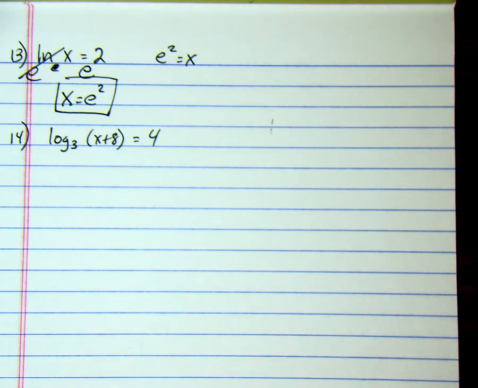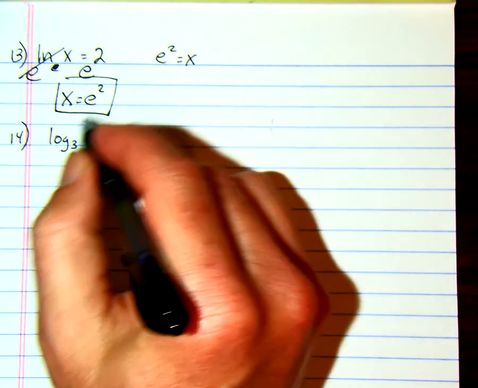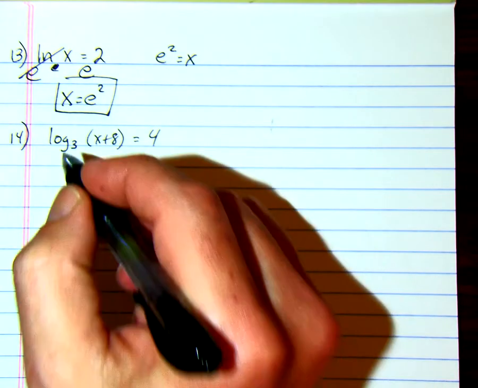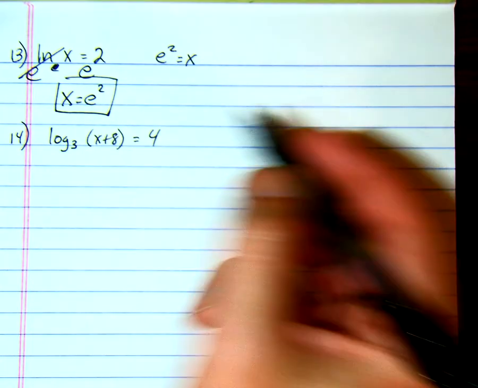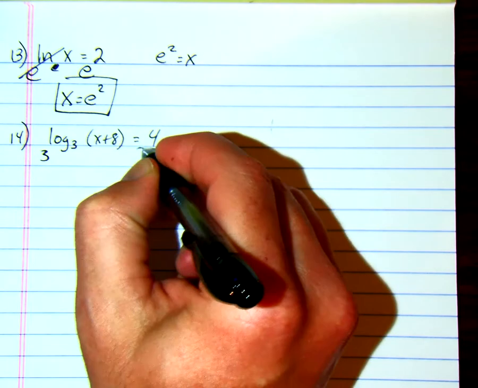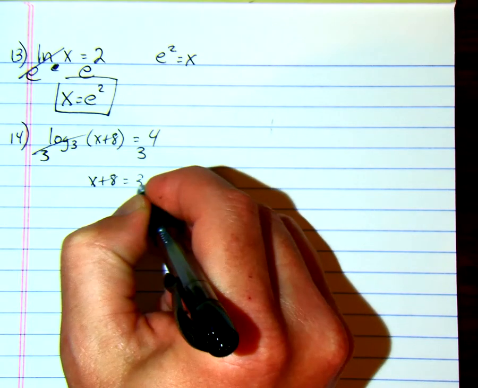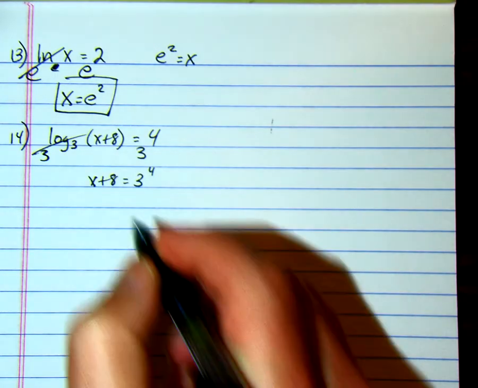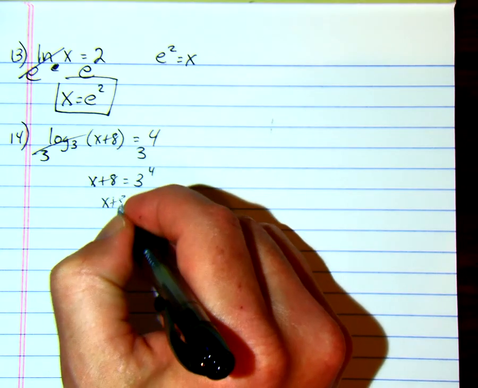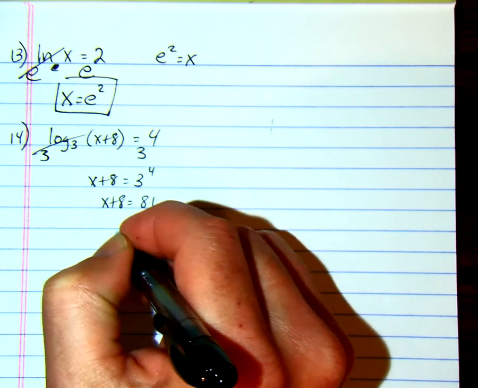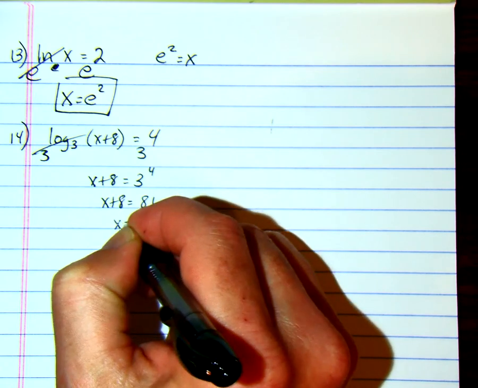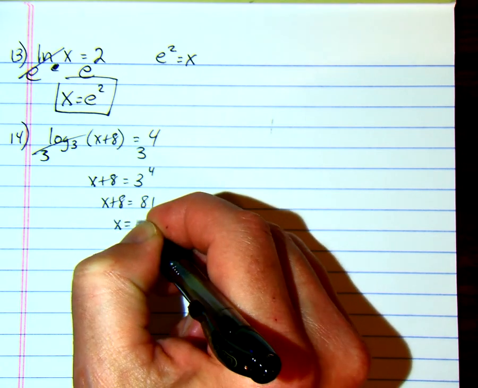Again, if you prefer to change forms into exponential, you can roll with it. 3 to the 4th power is equal to that. I'm going to exponentiate each side, so those are going to cancel, so that means that x plus 8 is equal to 3 to the 4th. I have to know what 3 to the 4th power is. It is 81. We're going to subtract the 8 over and get a 73.